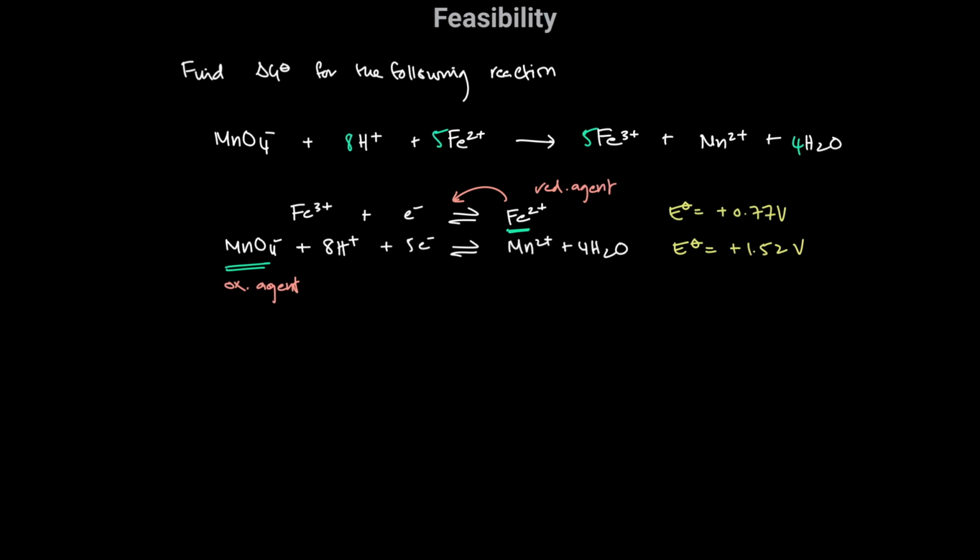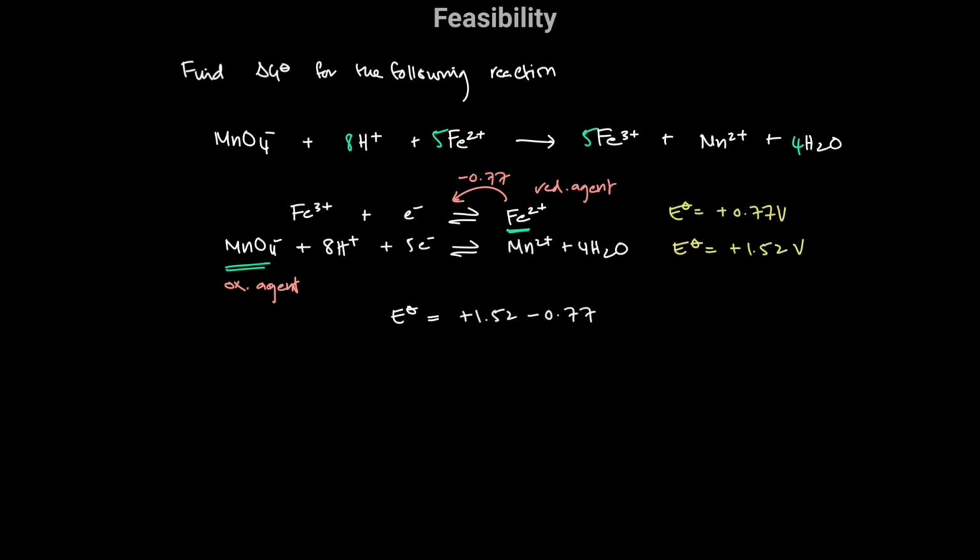So now we can calculate the EMF of the reaction, that is equal to plus 1.52 minus 0.77. Again, this is a reaction that's reversing, so this will be negative 0.77.